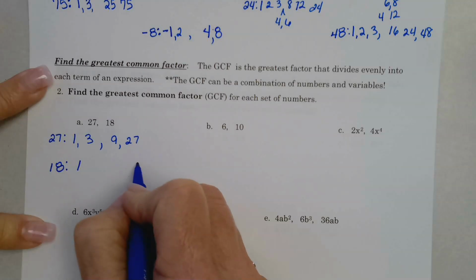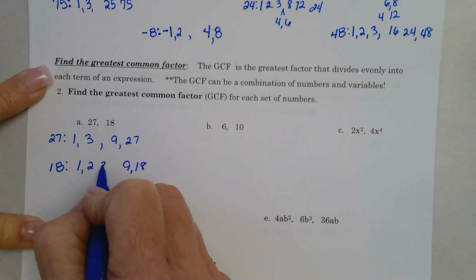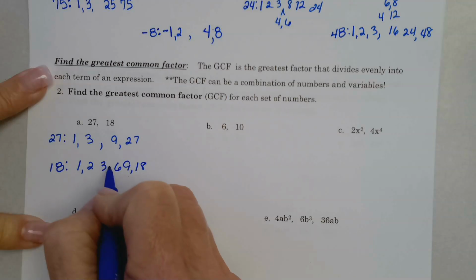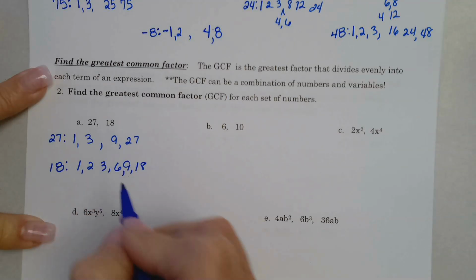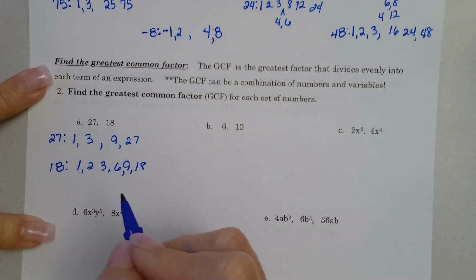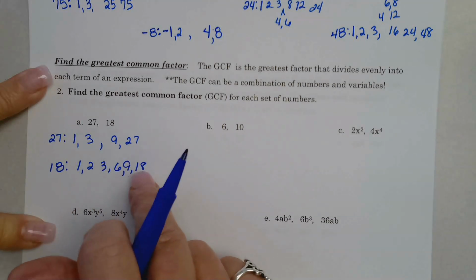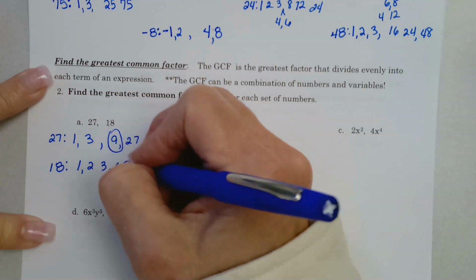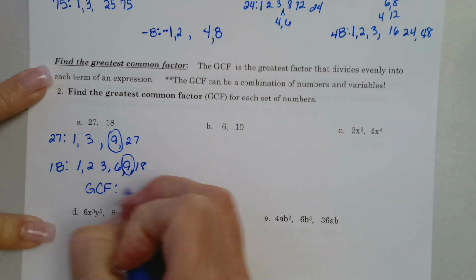I've got 1 and 18, 2 times 9, 3 times 6, no 4 or 5 will not work. So I've closed that gap. So these are all my factors here. To find the greatest common factor, I find the biggest one they have in common, and it looks like it's going to be 9. So my greatest common factor is 9.